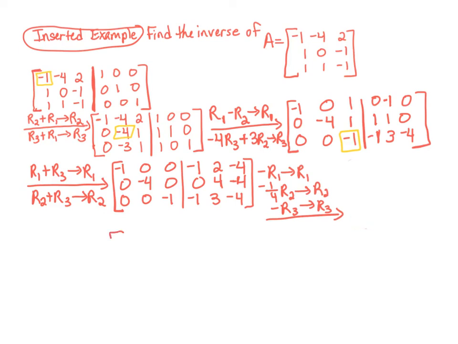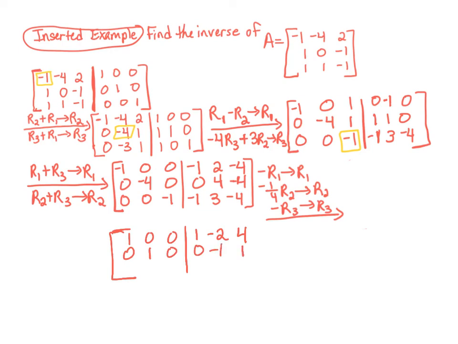So now using those row operations, row 1 becomes what? 1, -2, 4. Row 2 becomes what? 0, 1, 0. What's the right side? Good.